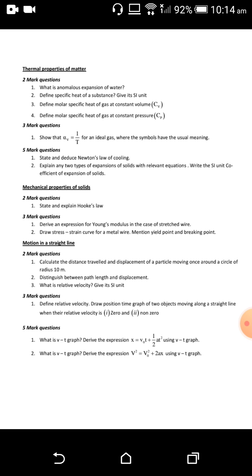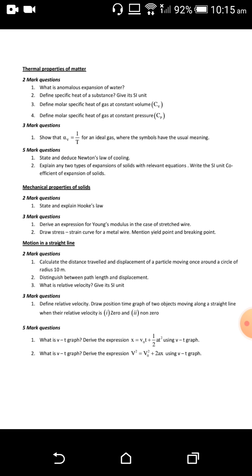Similarly, when you plot the graph of density versus temperature, as you know, at 4 degrees Celsius the density of water will be maximum. So this is regarding the unusual behavior or anomalous expansion of water, right? The explanation of this can be given by the survival of aquatic life in water.